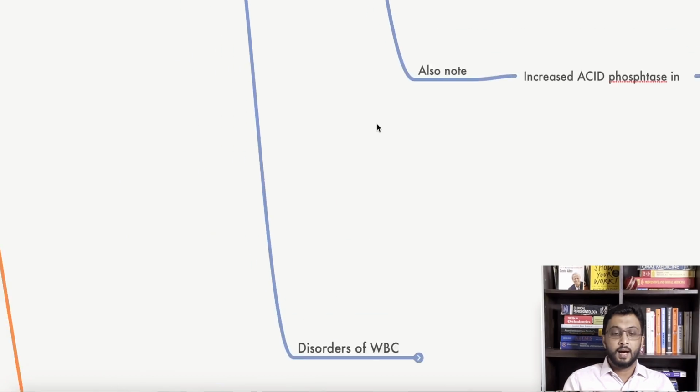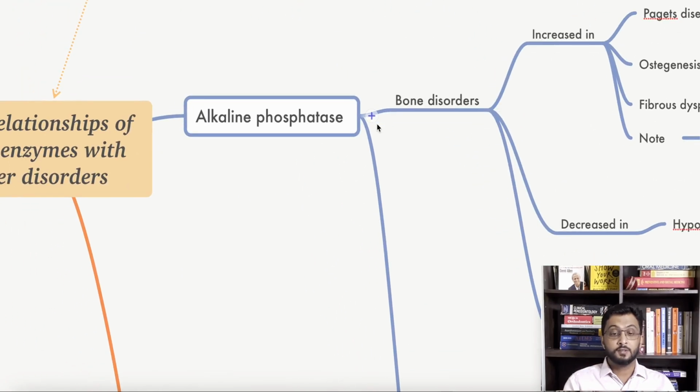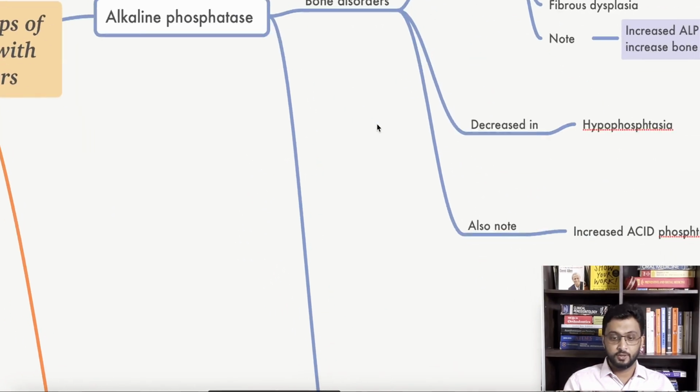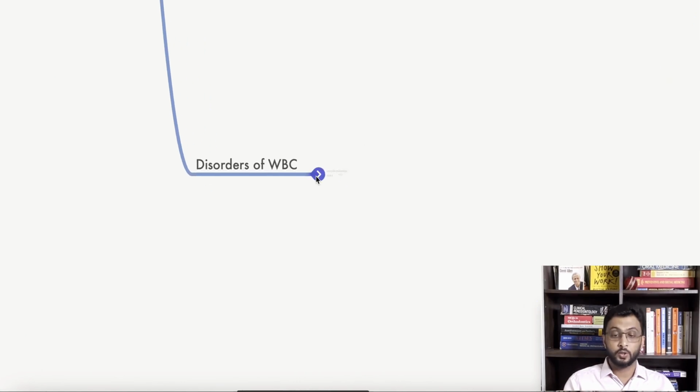Now, yes, another disorder which causes abnormality of alkaline phosphatase is a WBC disorder. There is something known as LAP, leukocyte alkaline phosphatase. You might have seen this question somewhere. This is alkaline phosphatase in leukocytes.